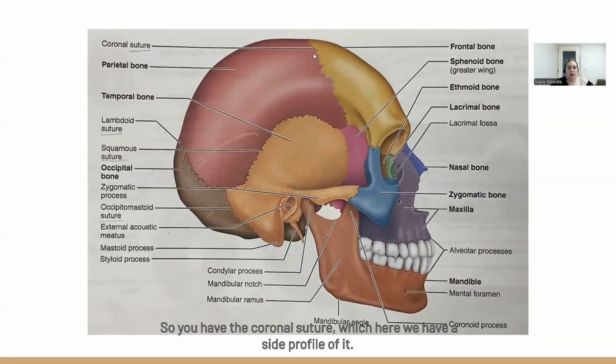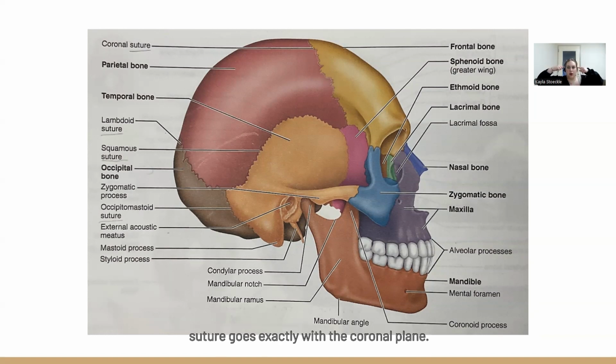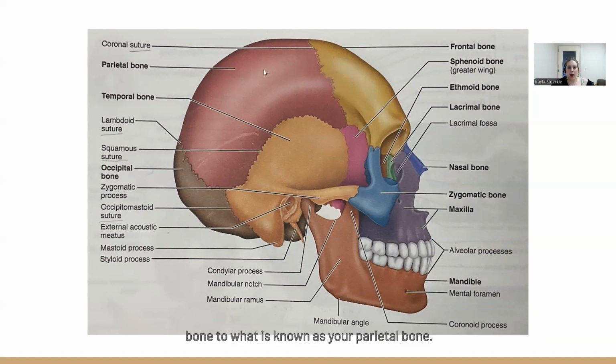You have the coronal suture, which here we have a side profile of, but if you had a frontal profile, you'd see this coronal suture goes exactly with the coronal plane, and it goes all the way across the top of your frontal bone, and it connects your frontal bone to your parietal bone. Technically, you have two parietal bones, one on each side.